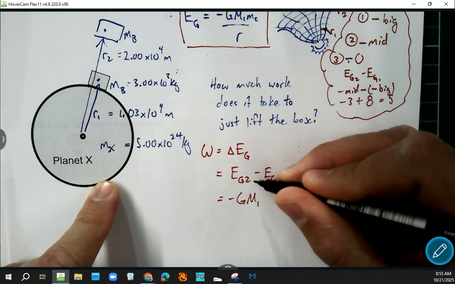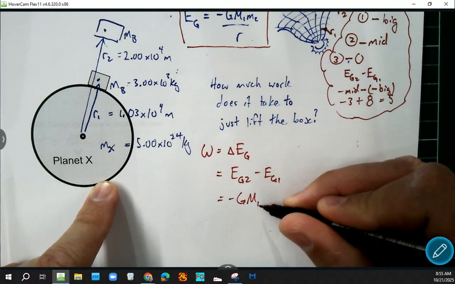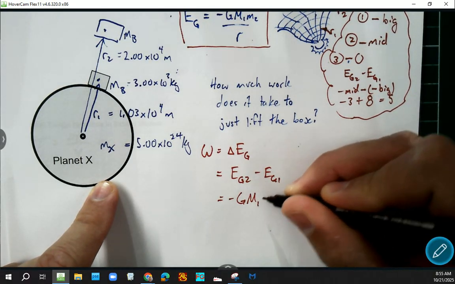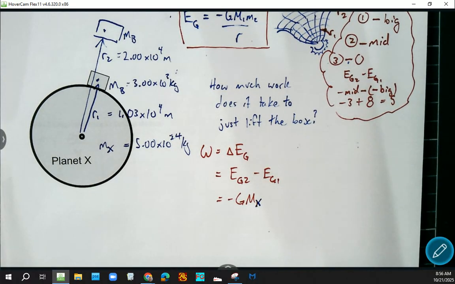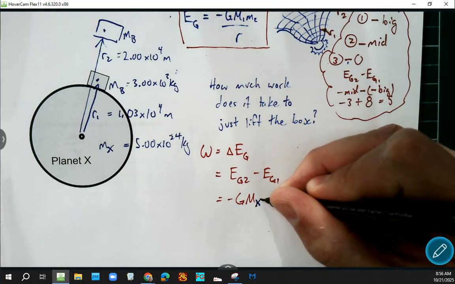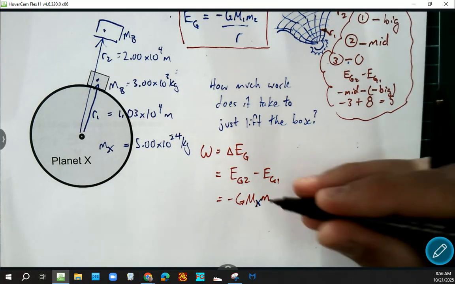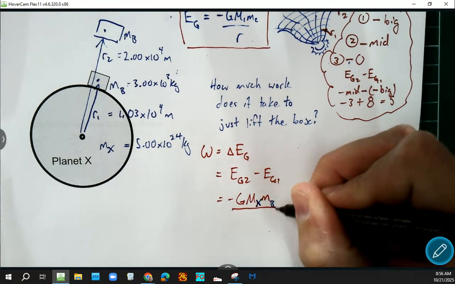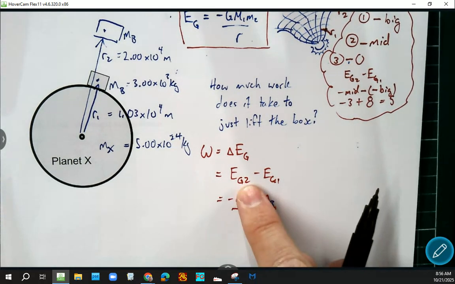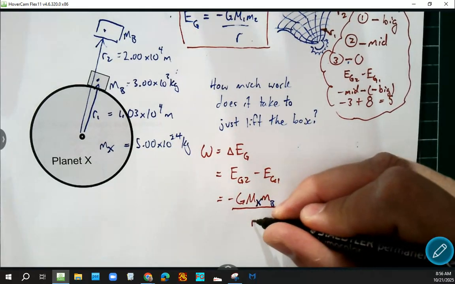I shouldn't be calling this mass 1, I should be calling this mass X. And the other mass, we're going to call mass B. And then when we put it over the fraction, EG2 would use R2.